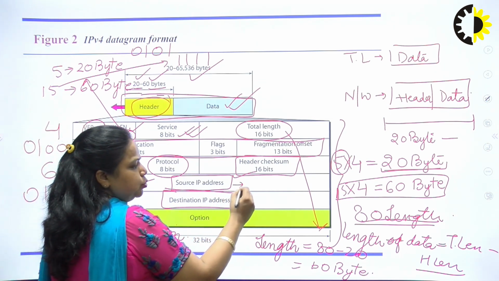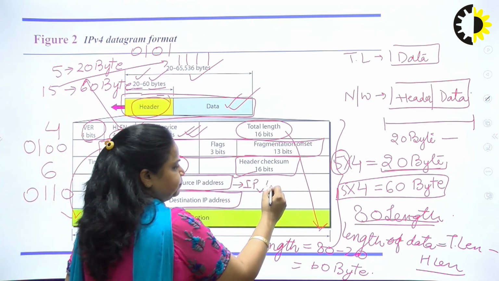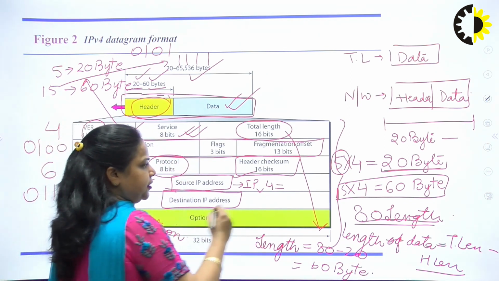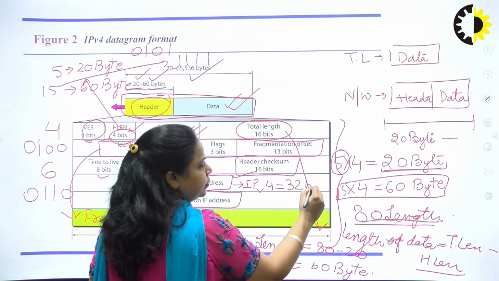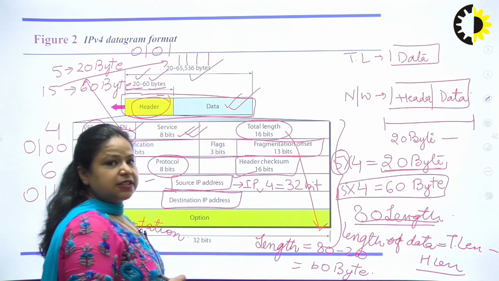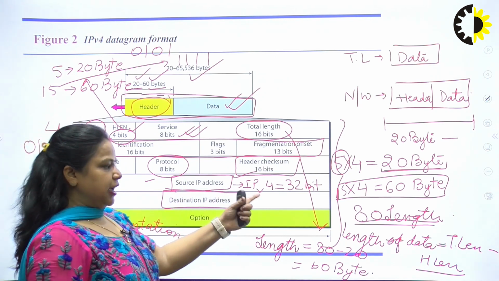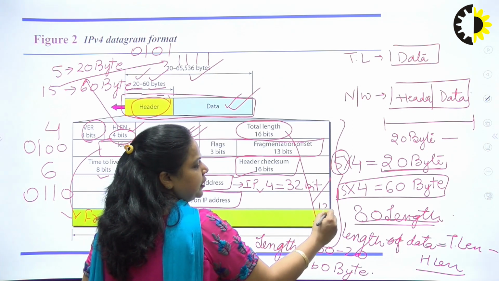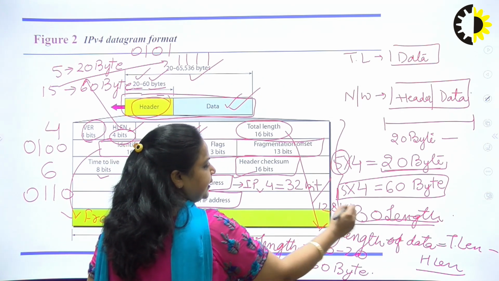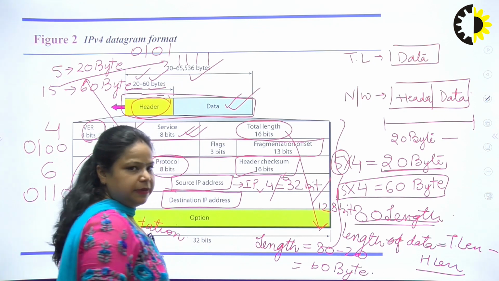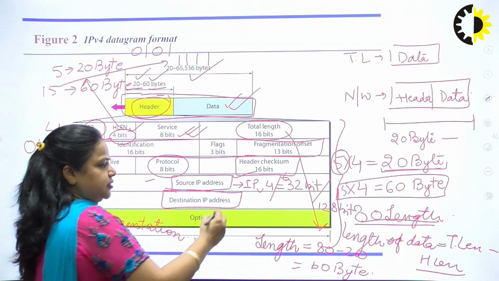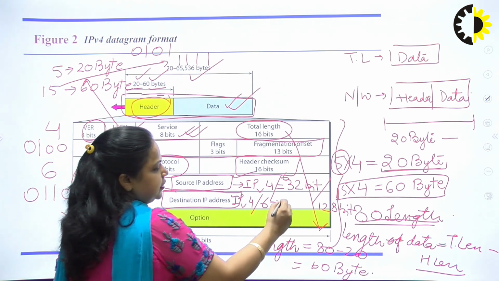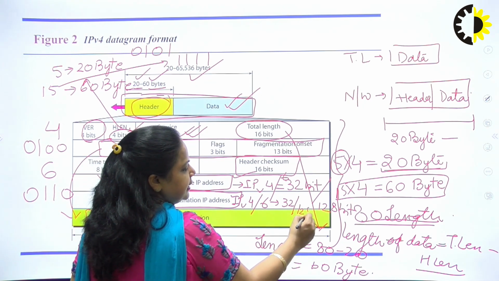In the case of IPv4, the address is 32 bits long, and in the case of IPv6, it is 128 bits long. Similarly, the destination address, whether IPv4 or IPv6, should be 32 or 128 bits long.